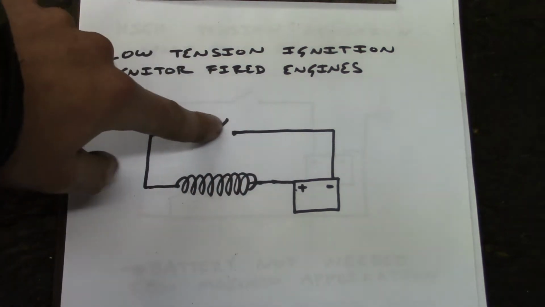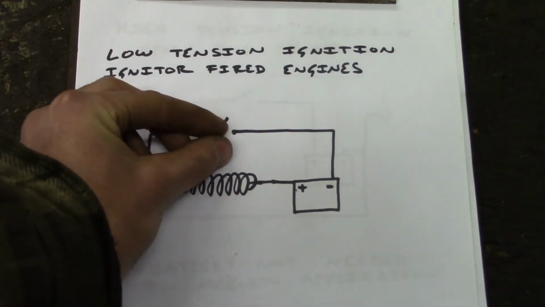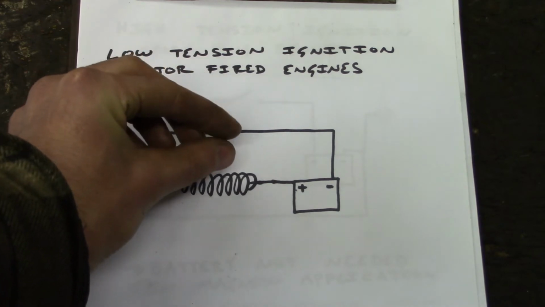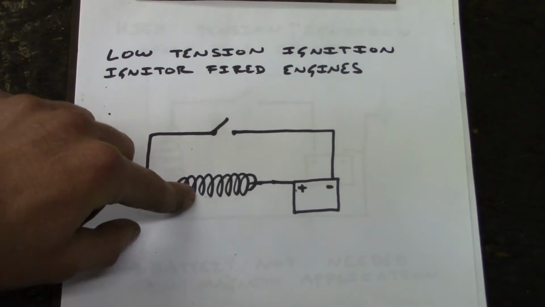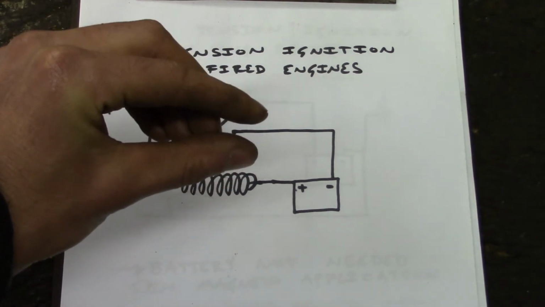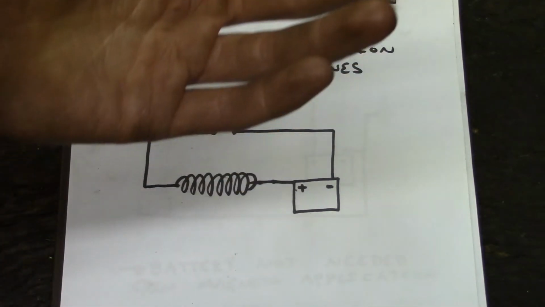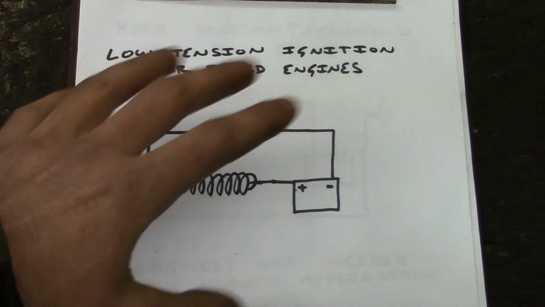So anyway, when the igniter opens, the magnetic field will collapse and induce a current through this coil. It'll go through the wire, and of course all this happens so quickly that the igniter is just ever so slightly open. It's not fully open yet, so that current will jump the gap. It'll jump across the gap of the igniter points, and that'll cause a spark sufficient to ignite the fuel-air mixture inside the cylinder.